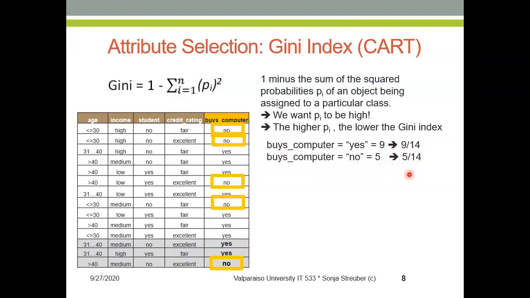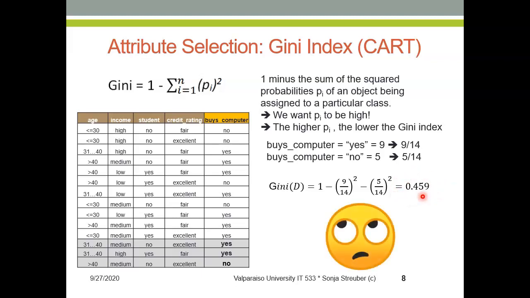Now we have the probabilities and we can plug them into this formula. So we have 1 minus 9 out of 14 squared minus 5 out of 14 squared, and that gives us a Gini index that we're starting with of 0.459. Not the best, but all this tells us is that buys computer is a class attribute.